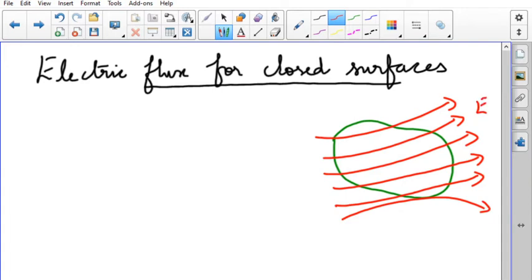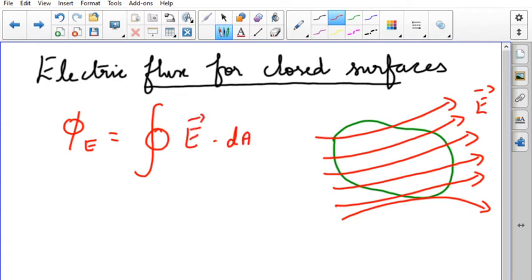So for this electric field, when a closed surface is kept, we are going to calculate the electric flux, and this can be written as phi e is equal to the electric flux over this closed surface is equal to integral over a closed surface E dot dA.